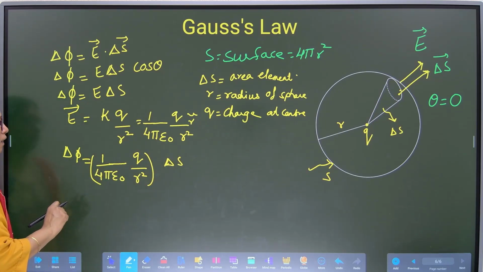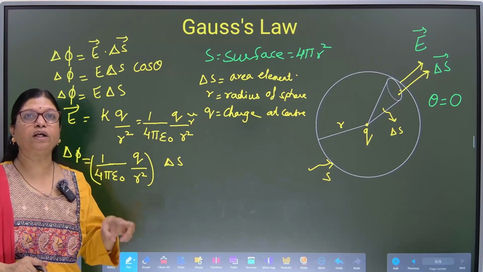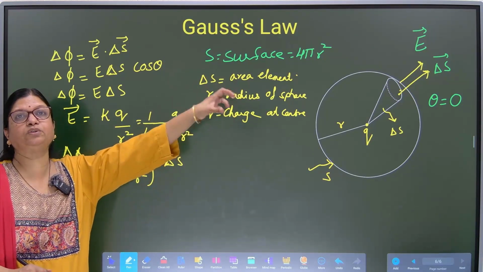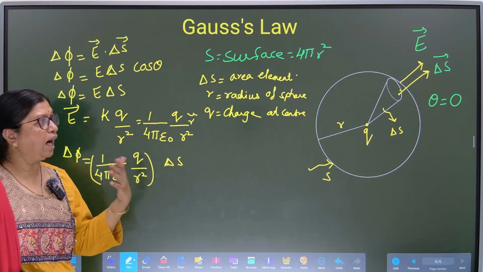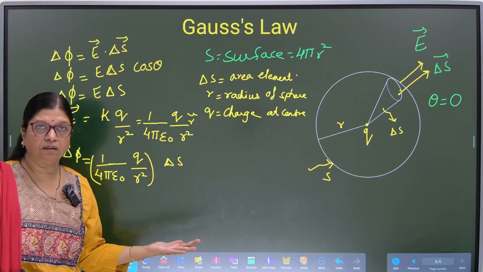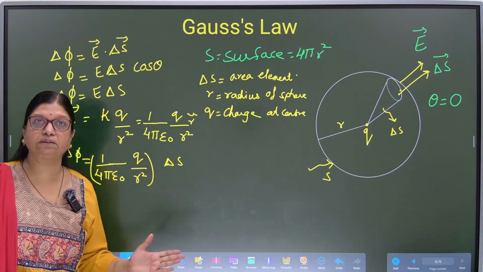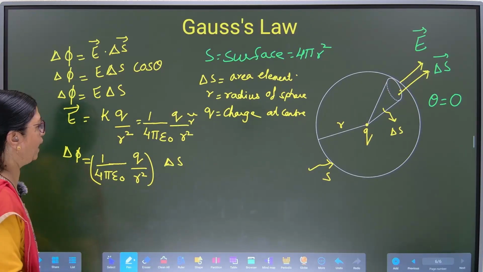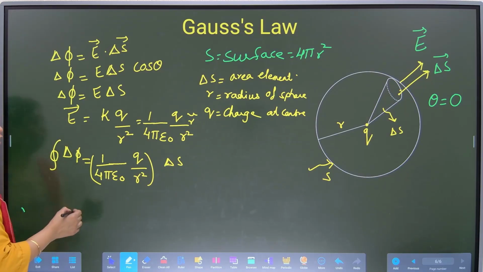Now, this electric flux is for only the portion which we have considered as delta S. I want the electric flux for the whole surface S. So what do I do? I can just integrate over the whole surface.